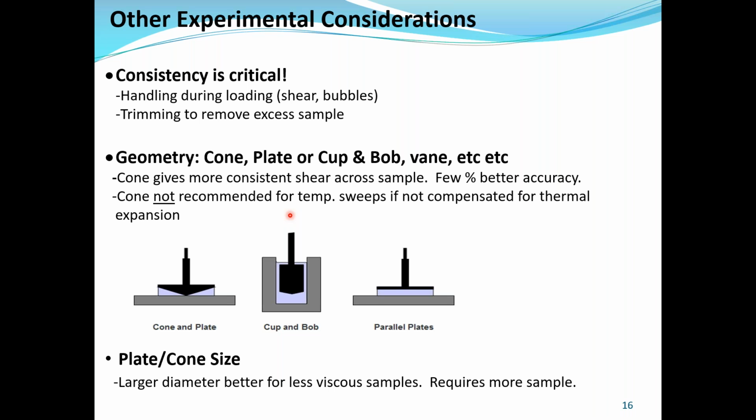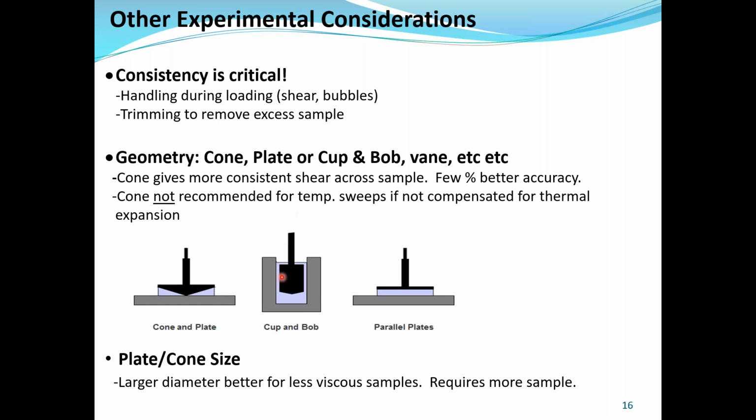You need to think about the geometry, and that's the term that corresponds to do we use a cone, do we use a plate, cup and bob, and there's a whole range of other accessories that can be used on both the rheometer and a viscometer. For the purposes of this webinar, I'm only going to focus on cone and plate. Cone gives more consistent shear across the sample, and it gives a little bit percentage better accuracy.